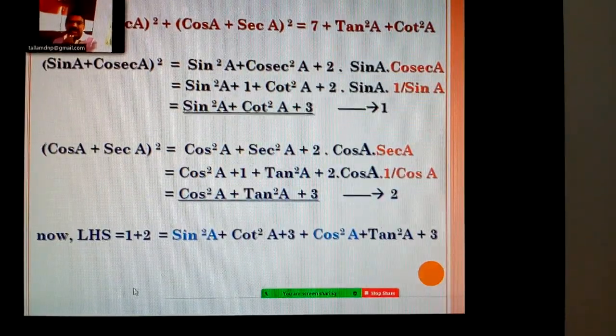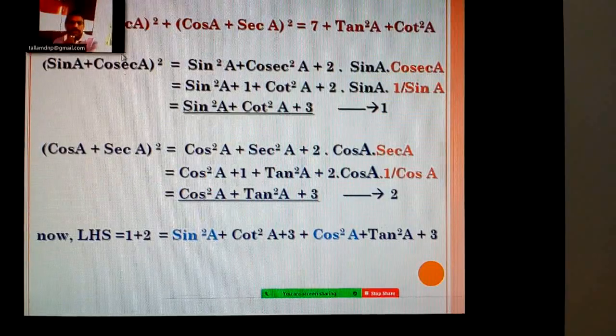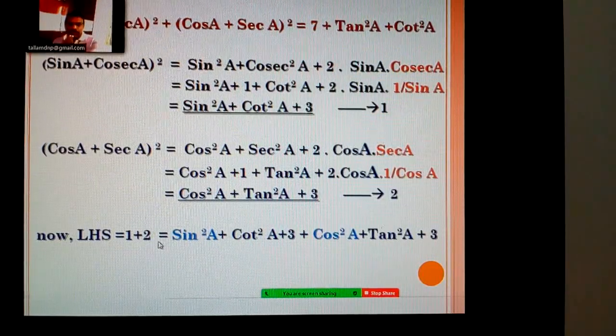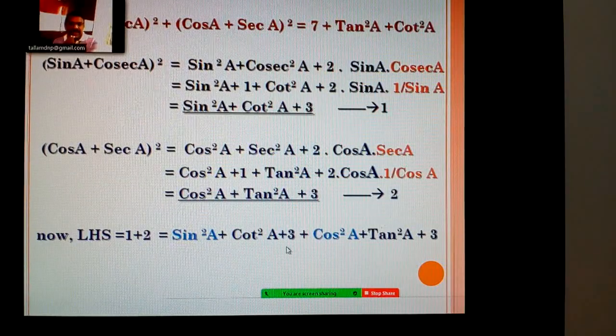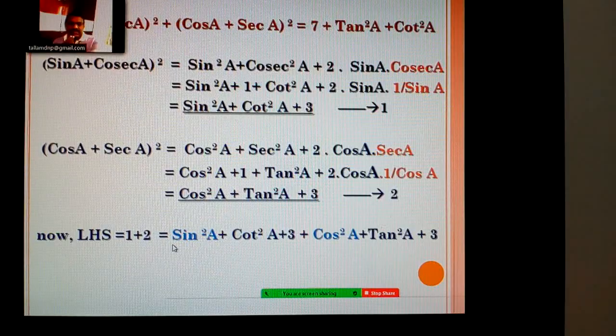Now LHS is nothing but the sum of these two. So 1 plus 2, that is equal to sin² A + cot² A + 3 plus the second equation cos² A + tan² A + 3. Okay, as we simplify this, for the simplification, what to do again? See here, sin² A and cos² A. So the sum of these two is equal to what? 1, which is the first trigonometric Pythagorean identity.